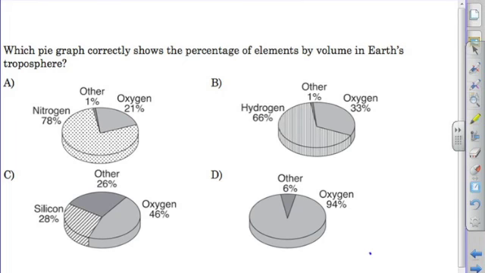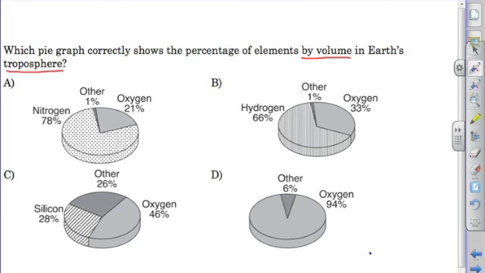Here we go. Which pie graph correctly shows the percentage of elements by volume in the Earth's troposphere? So I'm just going to underline a couple of key terms before I go back to my reference table. They want to know the percentage of elements by volume in Earth's troposphere.